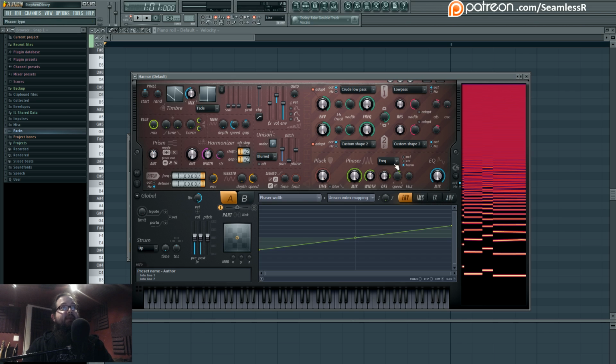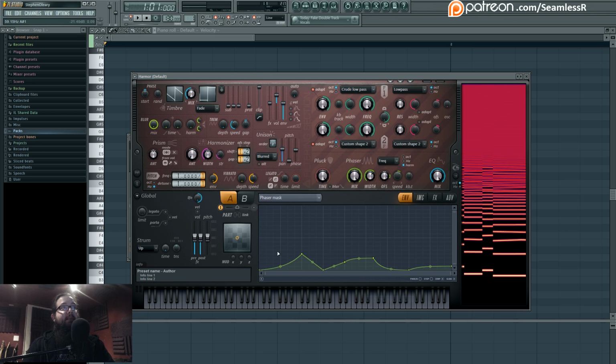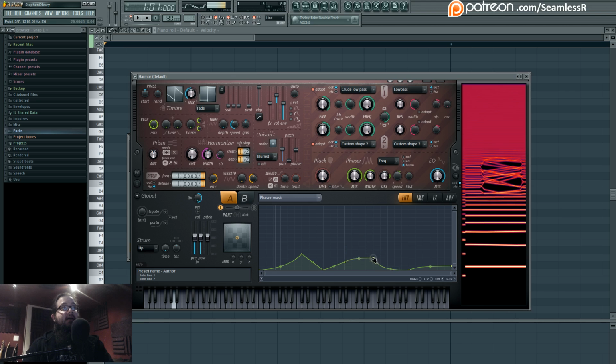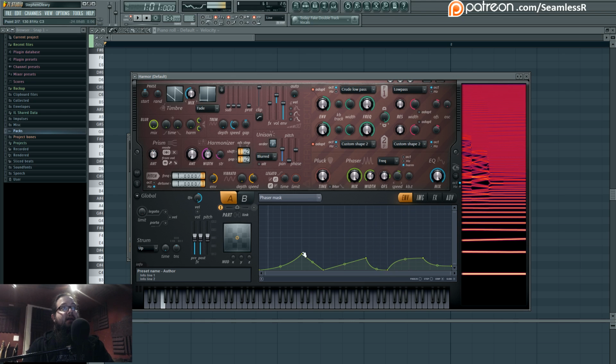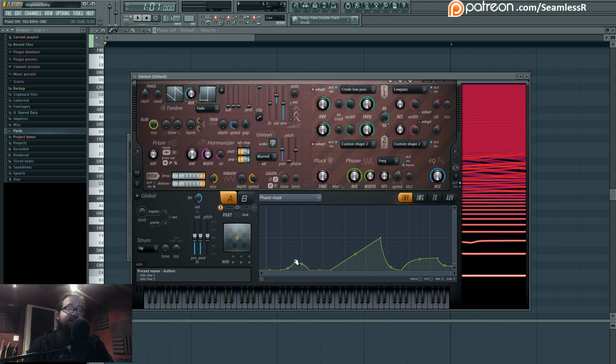So if you mess around with that, not only the shape, but also the mask type. I should also point out that this graph here, the phaser mask, is not per harmonic.